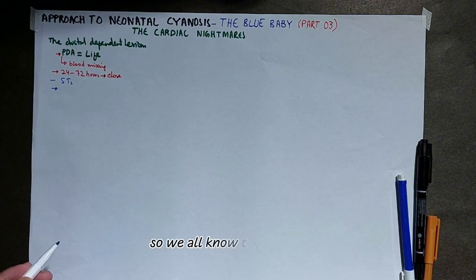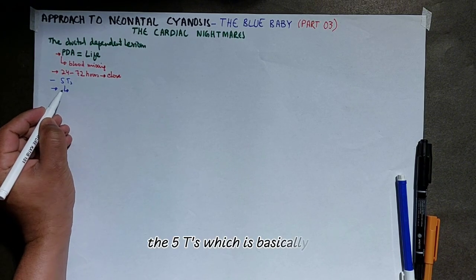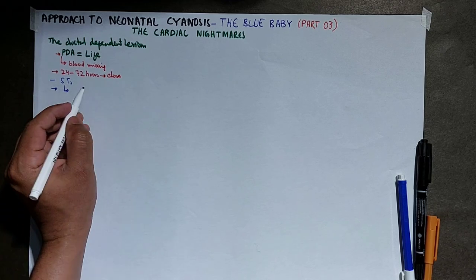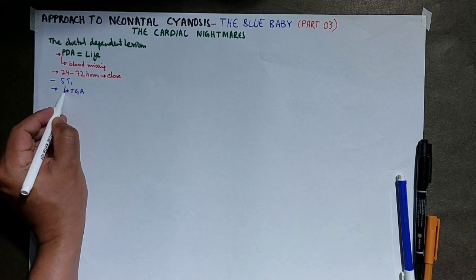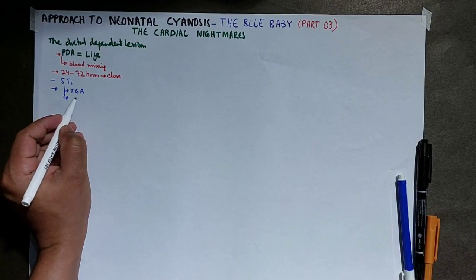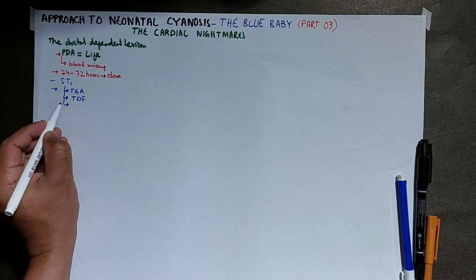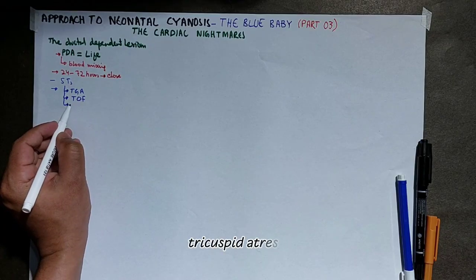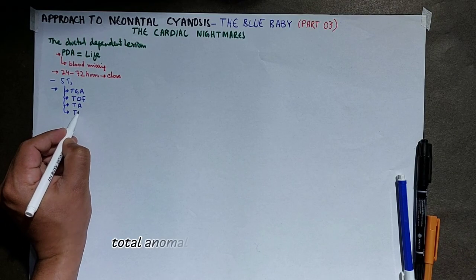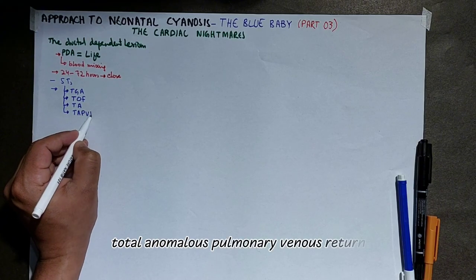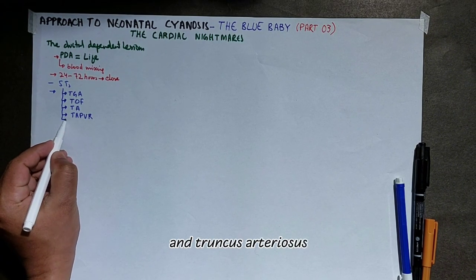So we all know the mnemonic, the 5 T's, which is basically for transposition of great arteries, Tetralogy of Fallot, tricuspid atresia, total anomalous pulmonary venous return, and truncus arteriosus.